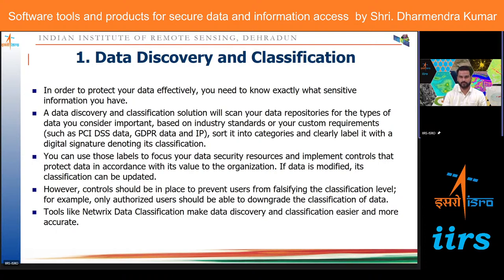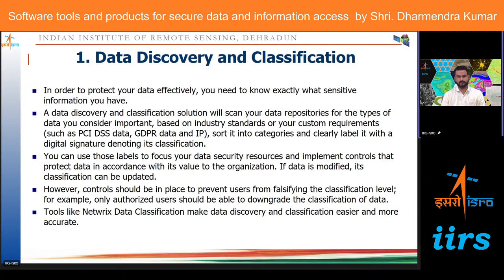If you put some information in classification 1 instead of 3, then it is safe. But if you do the opposite, your highly classified information being put in the lowest valued classification, then the disclosure will be easy as per policy, but it will lead to disasters.